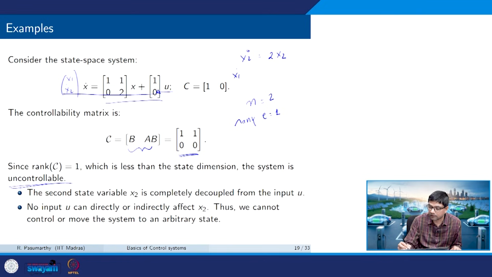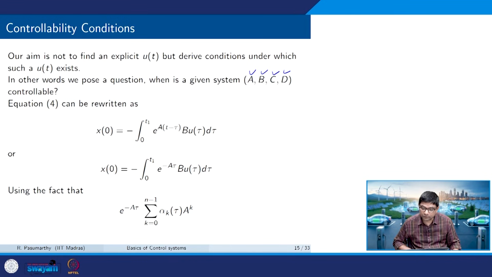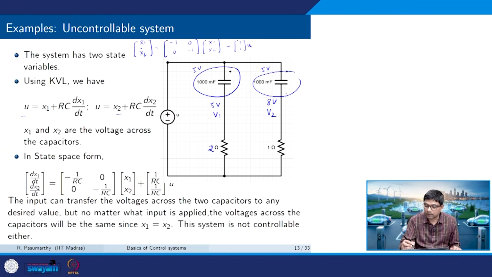Of course, x1 dot I can control: x1 dot is x1 plus x2 plus U. Even for this example, I can go back and check what happens. The controllability matrix has B and A times B, which is minus 1, minus 1.